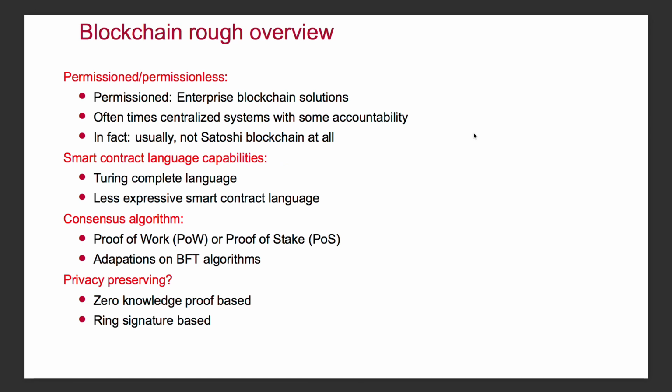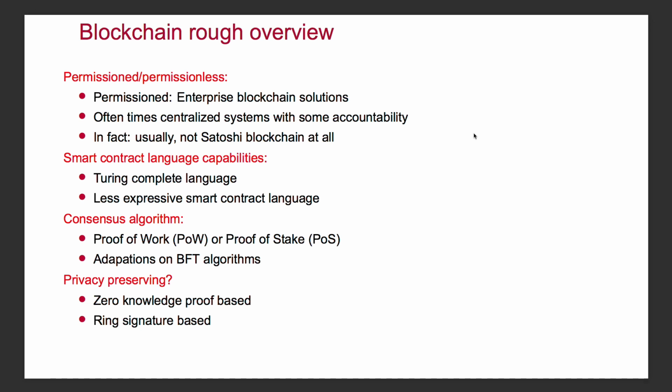If we try to look at what's happening in this area, there's a lot of implementations, but we could come up with some criteria to differentiate if we take a random blockchain project out there. At least some features we can definitely discern what this is about. So it could be a permissioned or permissionless blockchain.